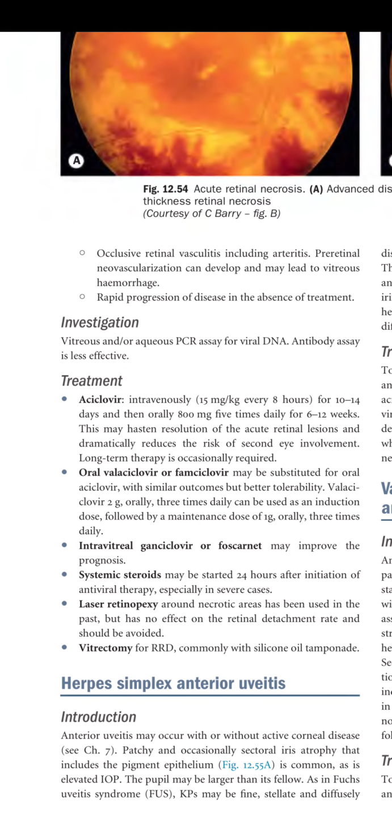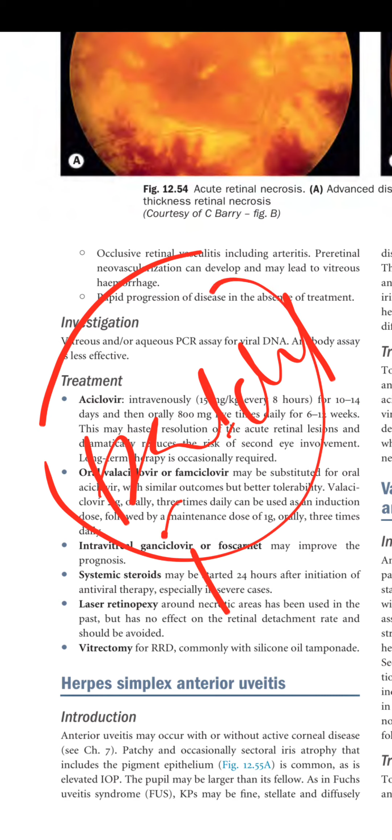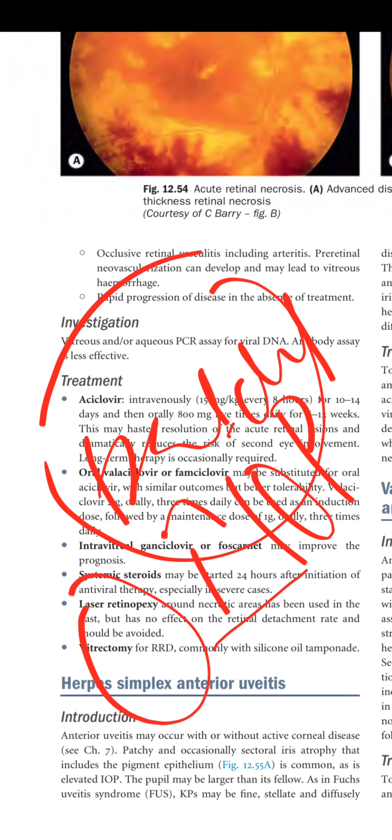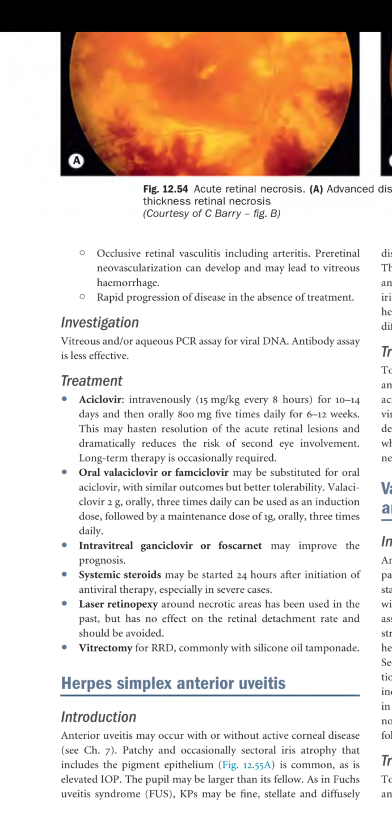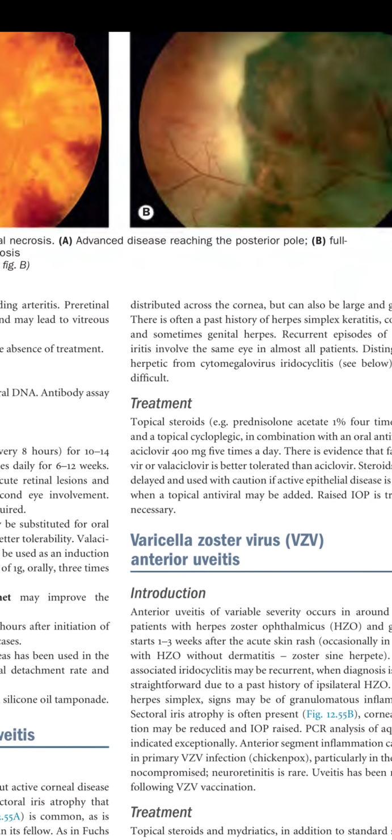So basically, in this case, uveitis can cause patchy or sectoral iris atrophy, with raised IOP, and the pupil is larger than the fellow eye. There can be a type of anisocoria, and the KPs formed on the cornea will be diffuse and stellate and distributed all over the cornea, like in Fuchs uveitis.